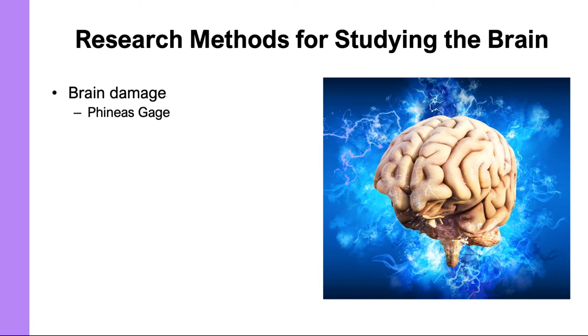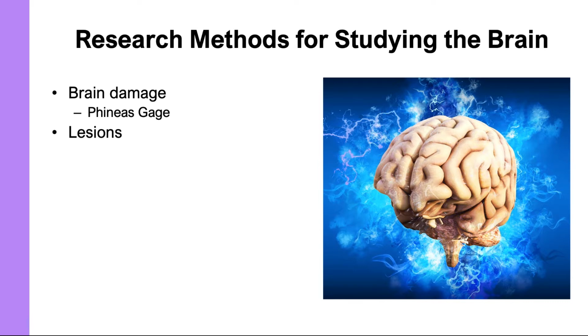The oldest method is brain damage, looking at naturally occurring brain damage, so accident victims, but also lesioning of animals. Phineas Gage is an example of a human who sustained, he's probably one of the most famous brain damaged humans, an injury specifically in the frontal cortex.